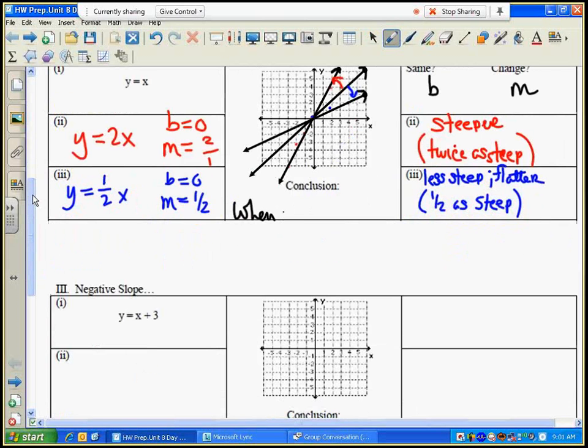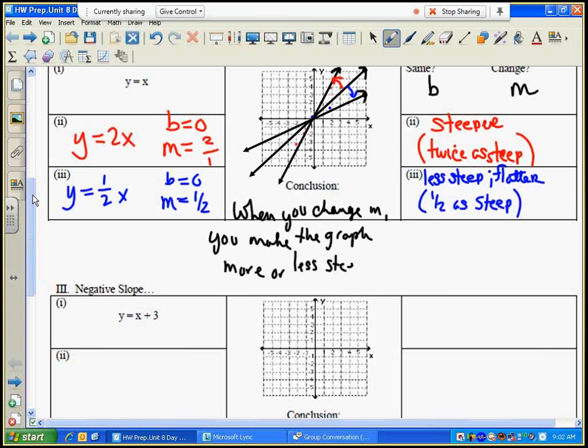When you change m, you make the graph more or less steep. More or less steep. Okay?